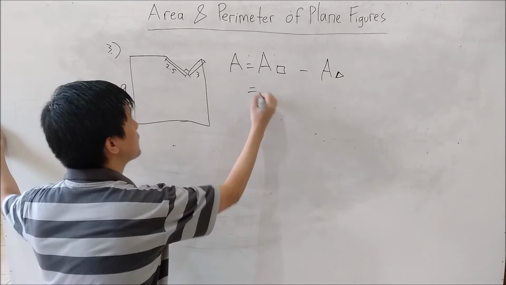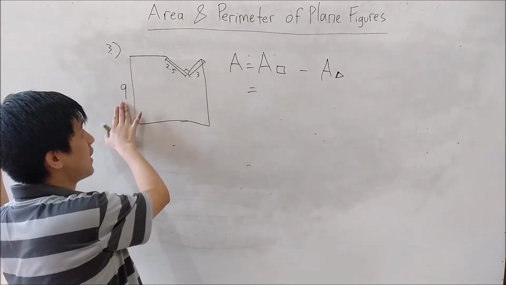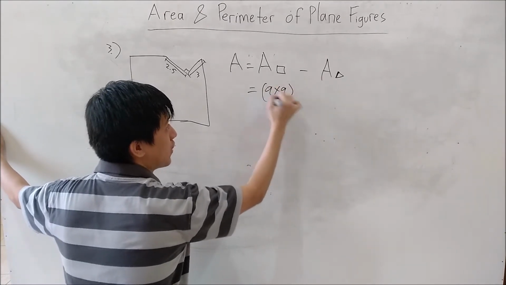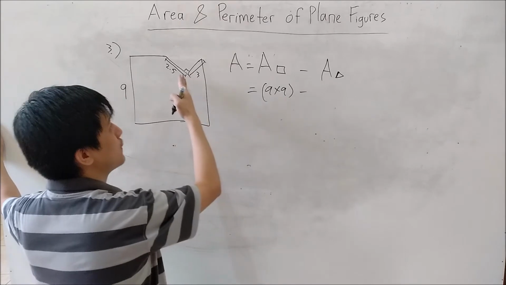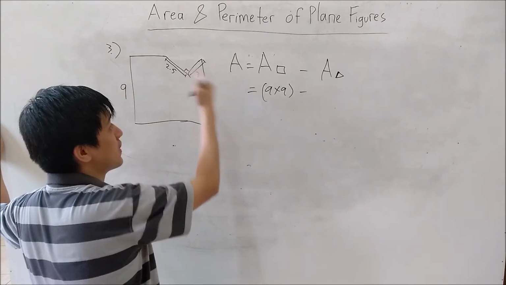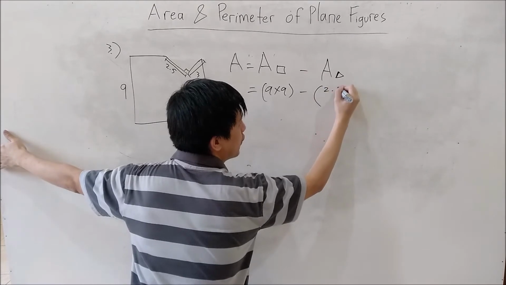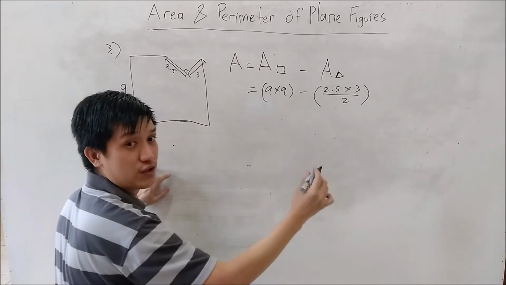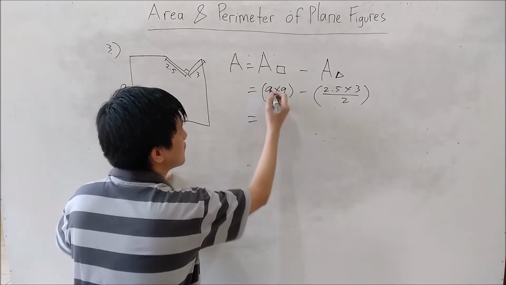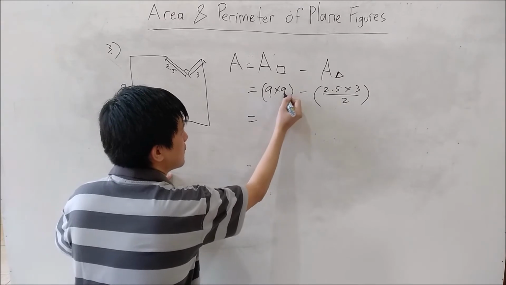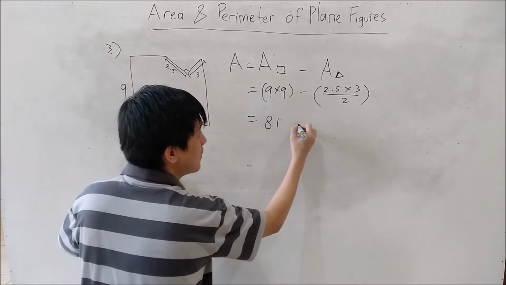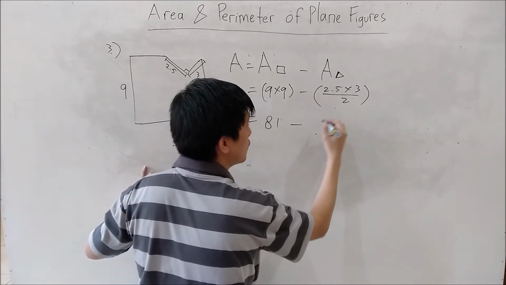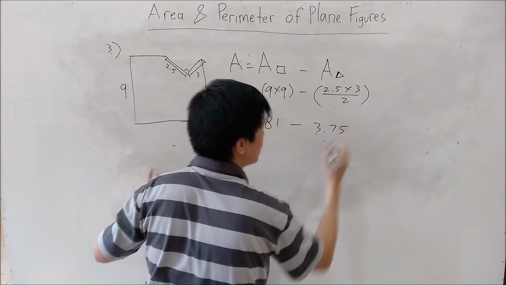Okay, so let's try to solve this one out. The area will be, since the side itself is 9 of the square, so we have this 9 times 9, which is 81 actually, minus area of the triangle. Since I told you that it doesn't matter which one is which, we have 2.5 times 3 divided by 2. Remember, it's height times base divided by 2 for a triangle, right? Then, so that you can see it clearly, 9 times 9, we have this 81 minus 7.5 divided by 2, 3.75.